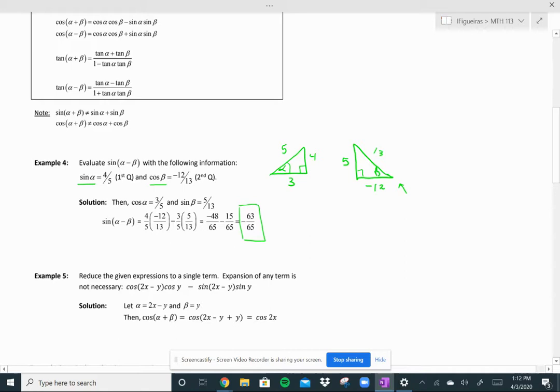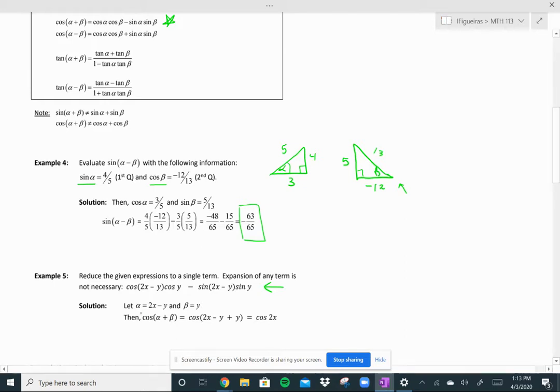So if I'm looking at the formulas above, this expression looks the most like the one that has the star right next to it. Because on the right side, I have the cosine of an angle times the cosine of another angle minus the sine of an angle times the sine of a different angle. But instead of calling them alpha and beta, we're using these x's and y's.